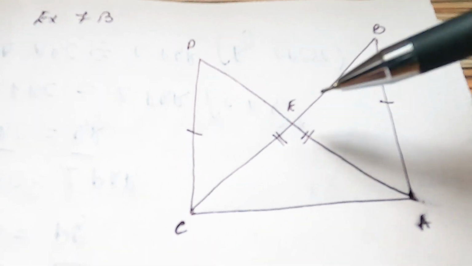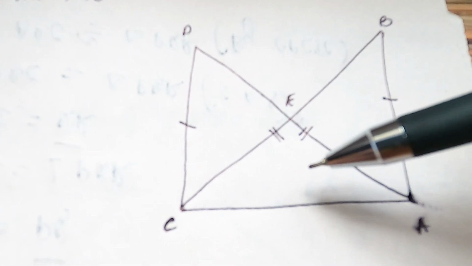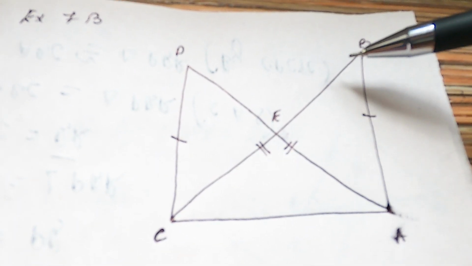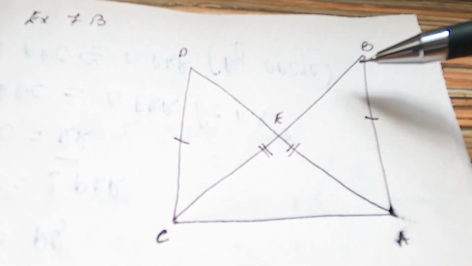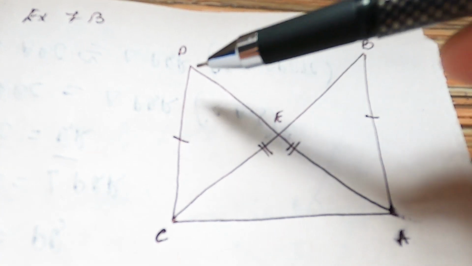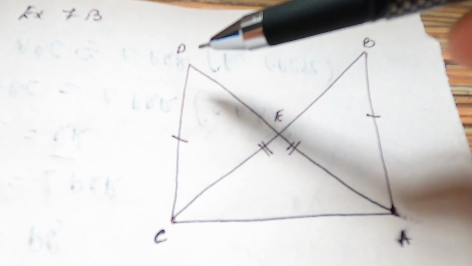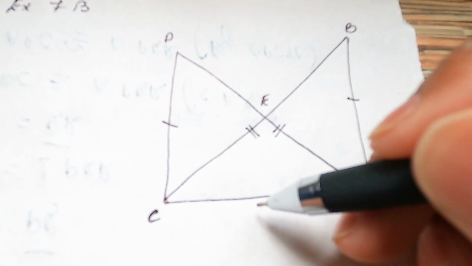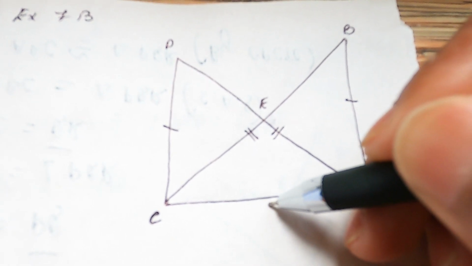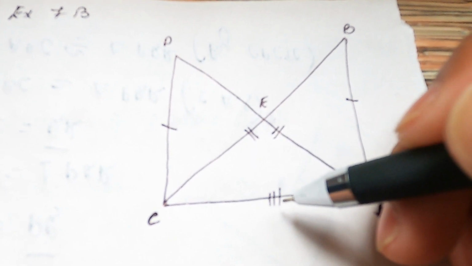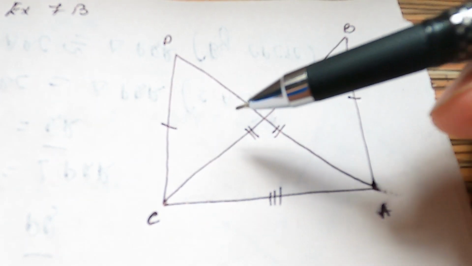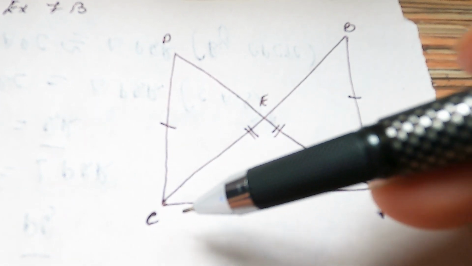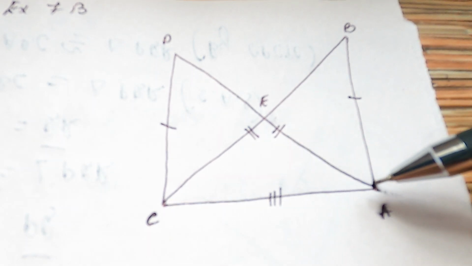So this one is very simple. We already have the two conditions, AB is equal to CD and BC is equal to AD. So we just need to find the third condition. So the third condition in this case will be AC is equal to AC. So it will be the common line because both these two triangles are sitting on the same line AC.